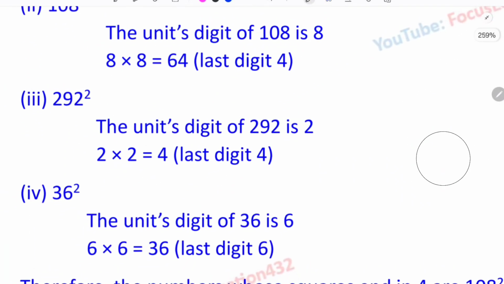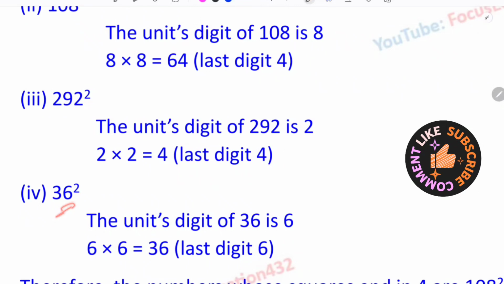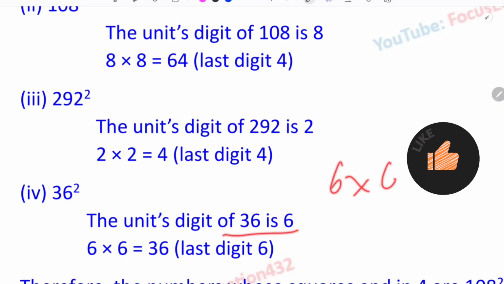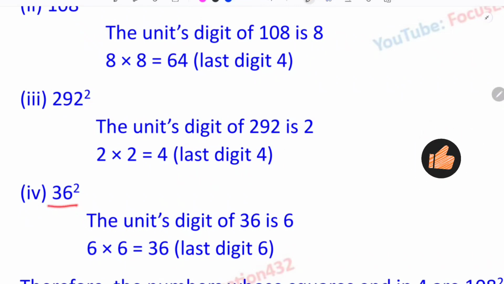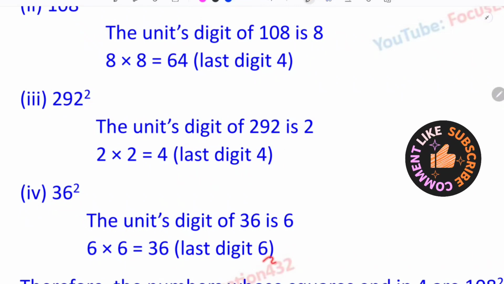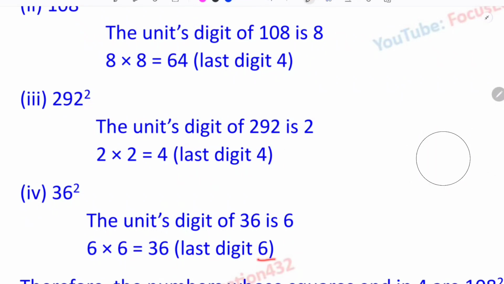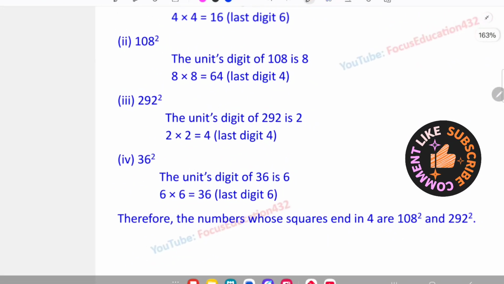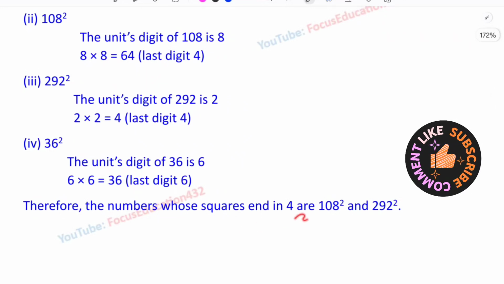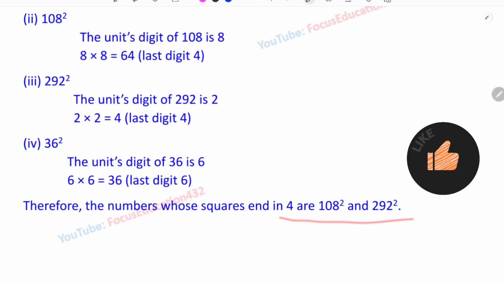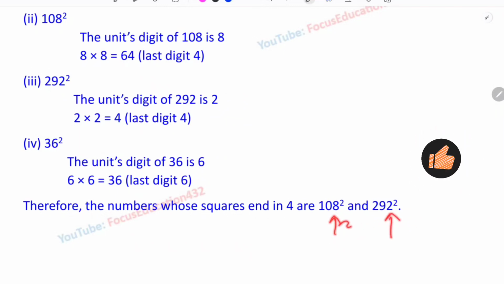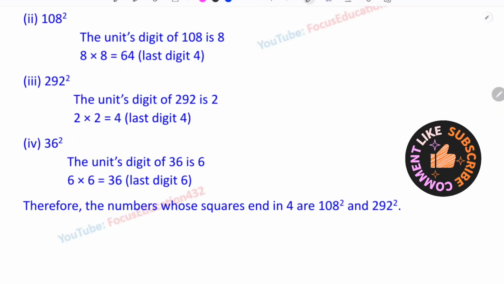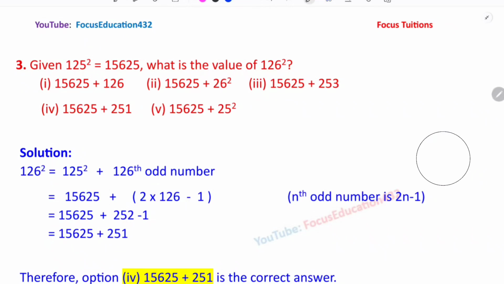And 36 square: 6 multiplied by 6 is 36, so the last digit is 6. Therefore, the numbers whose squares end in 4 are 108 square and 292 square, because 2 square is 4 and 8 square is 64. Both end with 4.